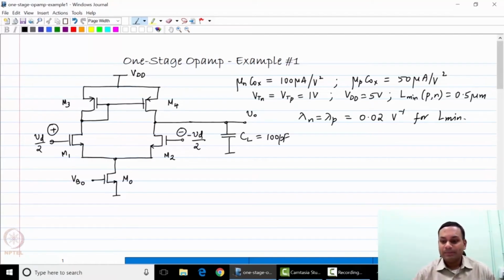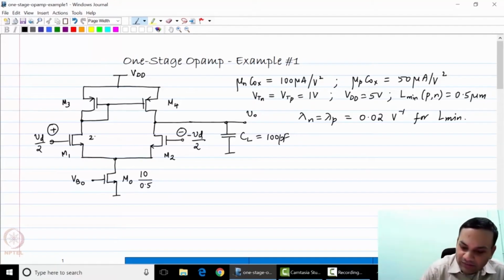Let us start off with these numbers, and let us say that the sizes of the transistors are as follows. M0 has a size of 10 over 0.5, all widths and lengths being in micrometers. The width over length of M1 is 20 over 0.5.